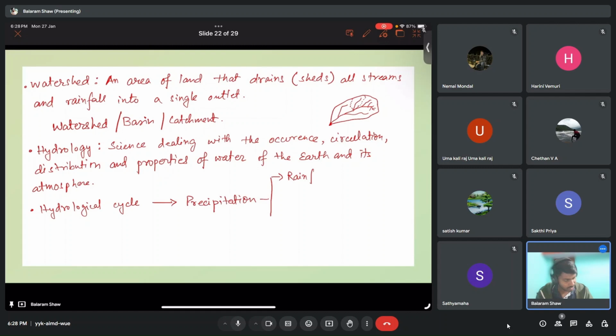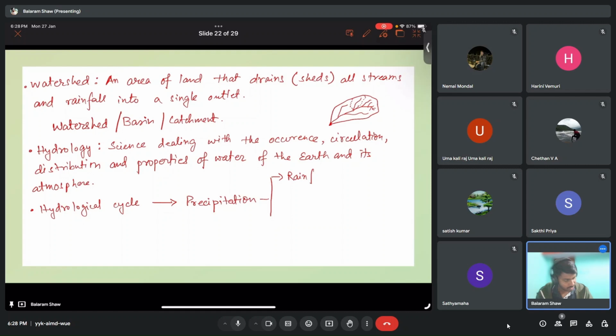So what is precipitation? Many times we use rainfall as precipitation. So whether rainfall and precipitation are the same or not? Precipitation is any form of water that falls from the atmosphere.